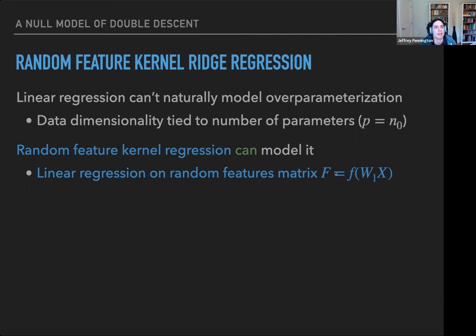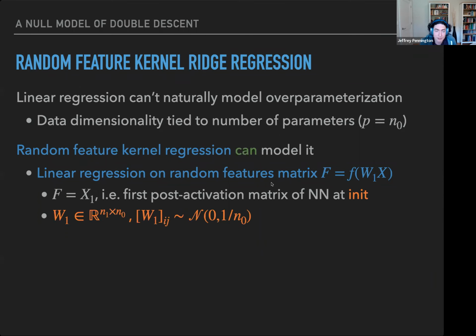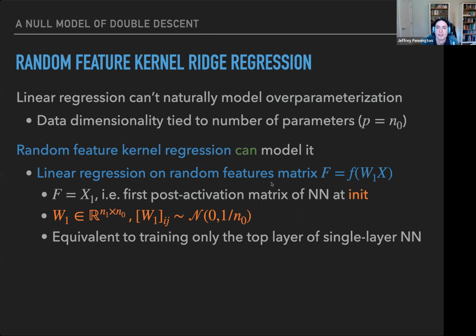So what does it buy you? Well, it lets you model nonlinear functions of the data, for one. So it's nonlinear in X, but it's still a linear model in the trainable parameters. So it maintains that simplicity. And for our purposes here, what I think is very nice is that there's a strong connection to a neural network.